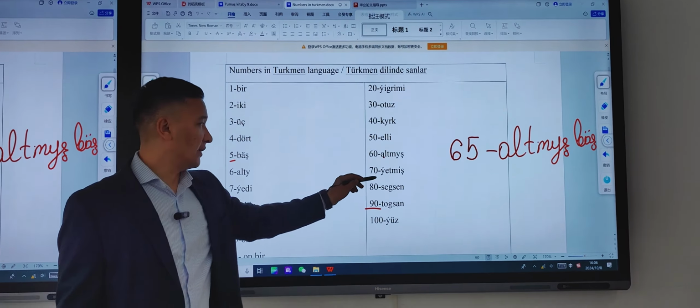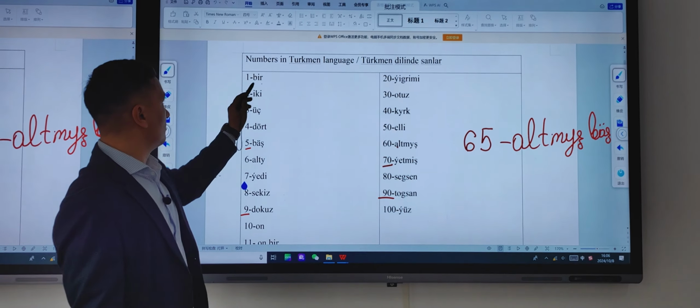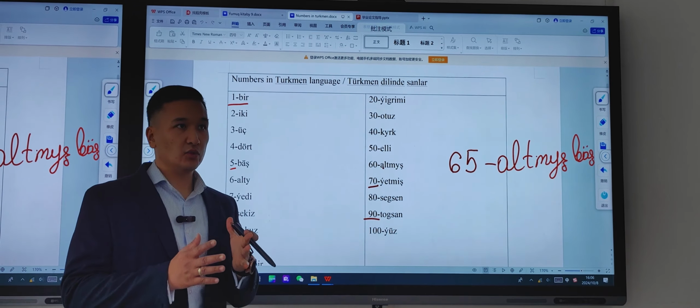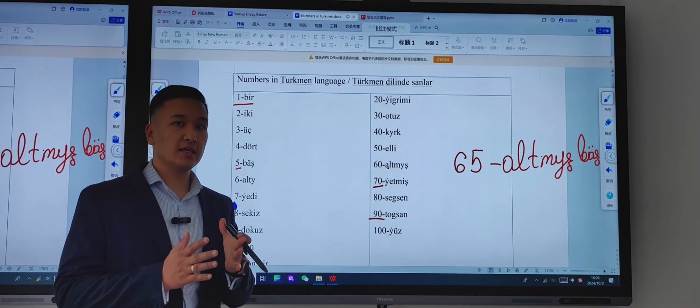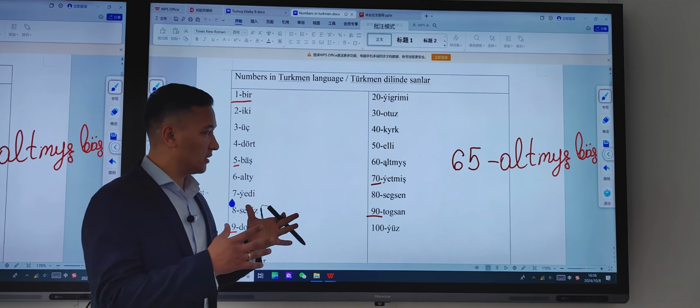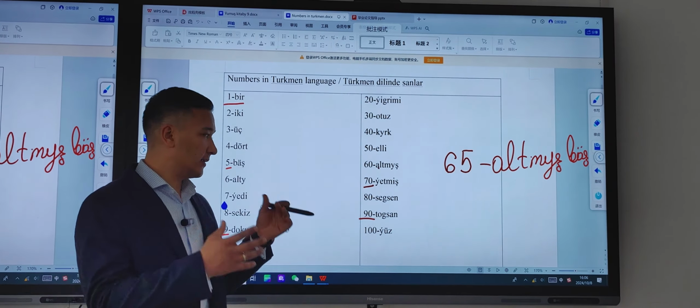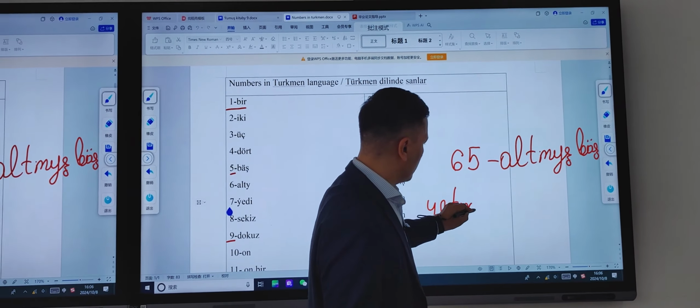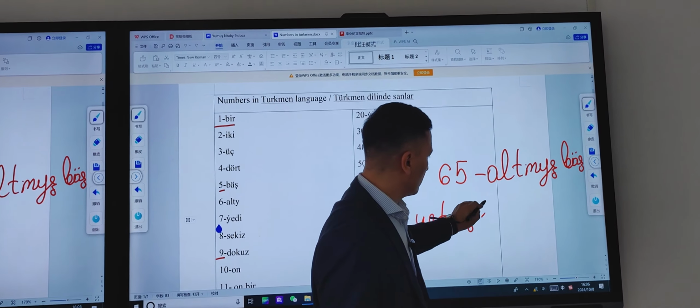Let's say 71. When we read it together, we do not say it separately. Because two words we join together, let me write 71.